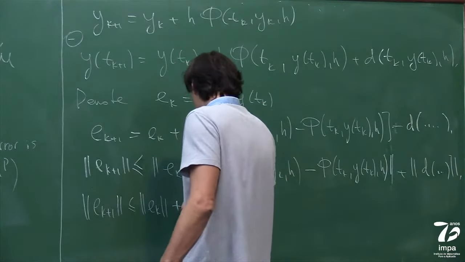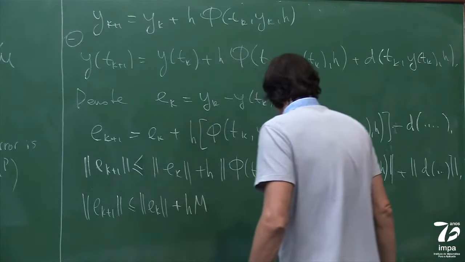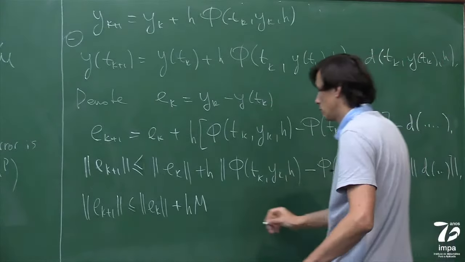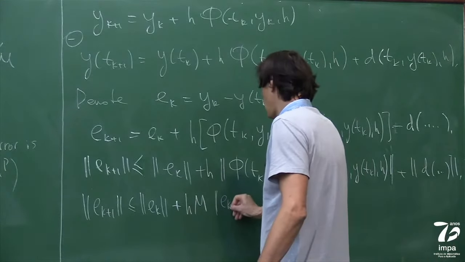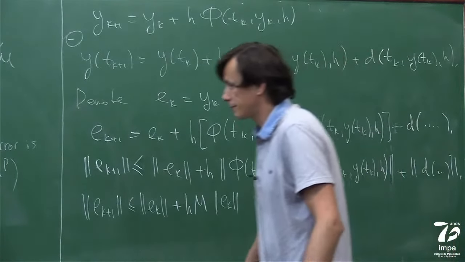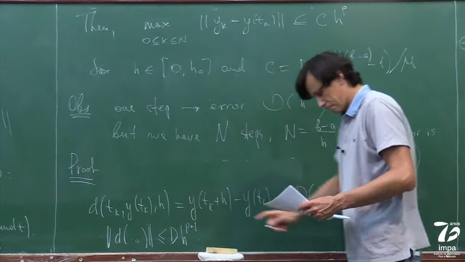So plus h M, and then the difference between the two, so this is again e_k. And then for this norm, we also have an estimate.